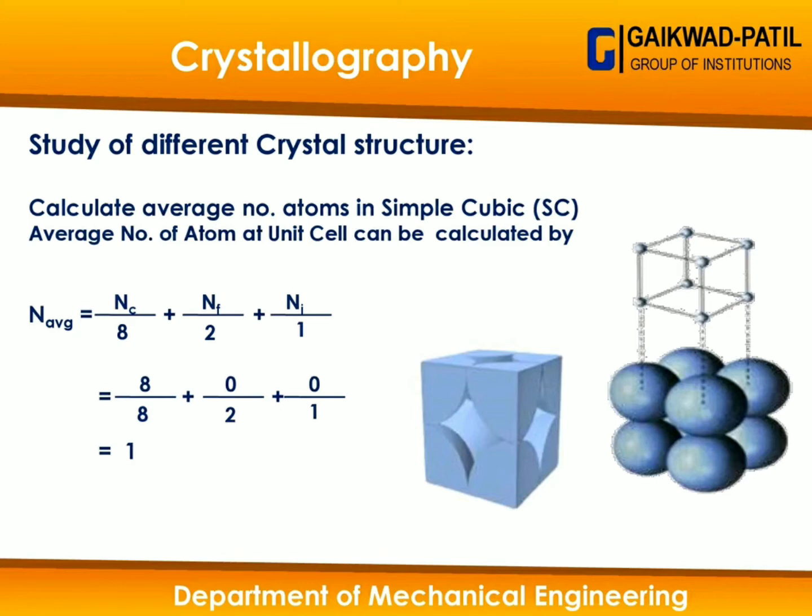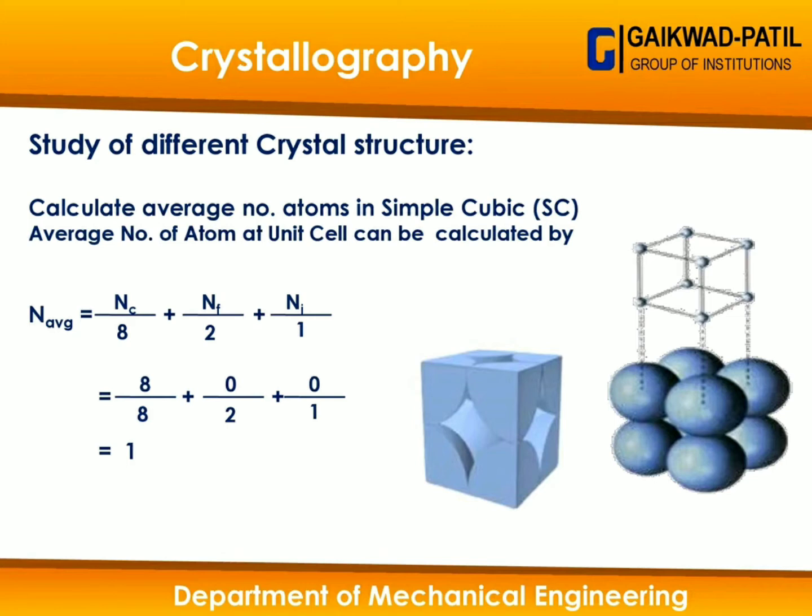For the simple cubic crystal structure, 8 atoms occupy the corners of a unit cell, so NC is 8, giving 8 divided by 8. NF is the number of atoms at the face, but in the simple cubic crystal structure there is no atom at the face, so we take it as 0.